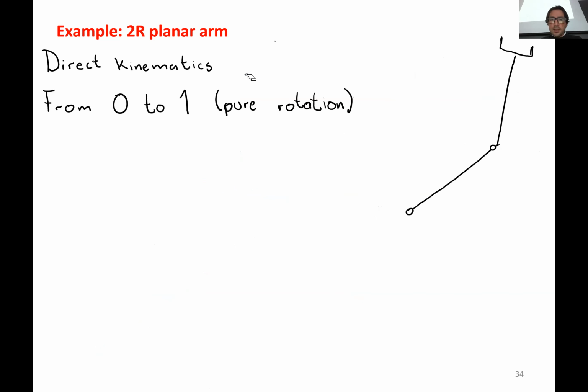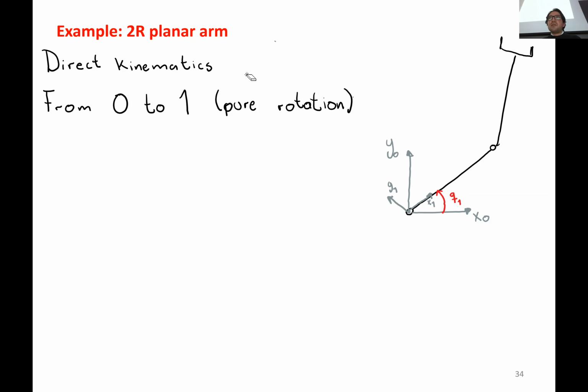So let's start from frame 0 to frame 1, and we have a pure rotation here, denoted here. How do we compute the pure rotation? If we want to get the transformation matrix of a pure rotation, how do we get it? This is along the z axis.